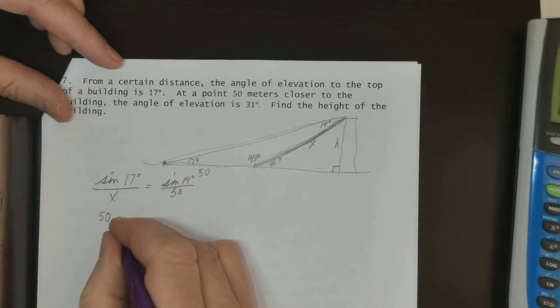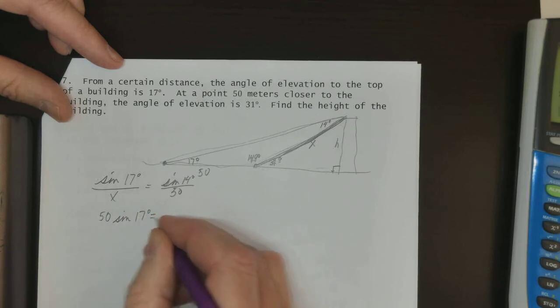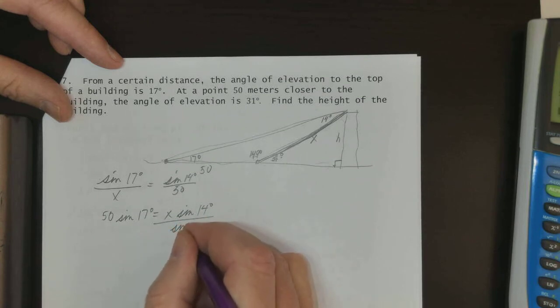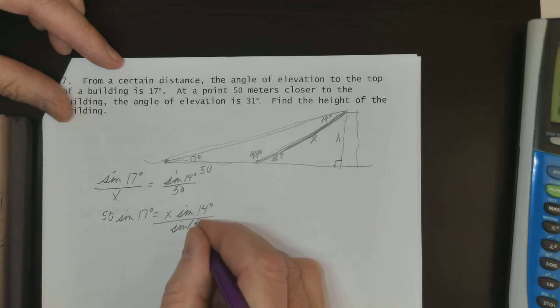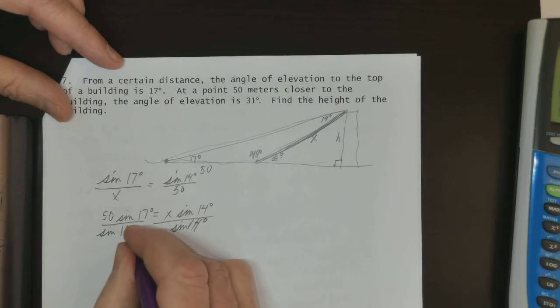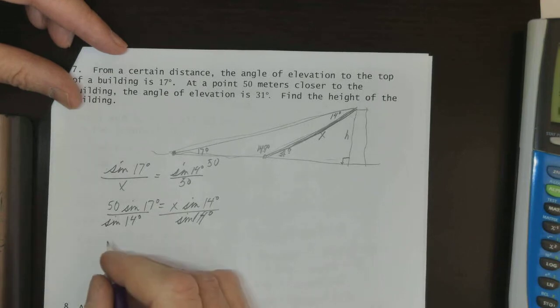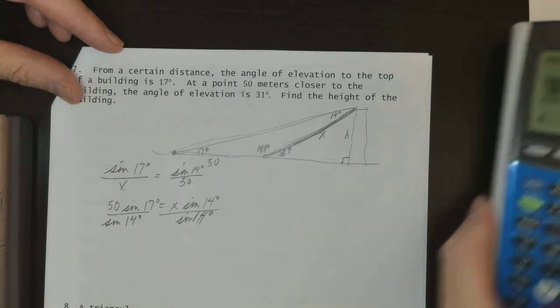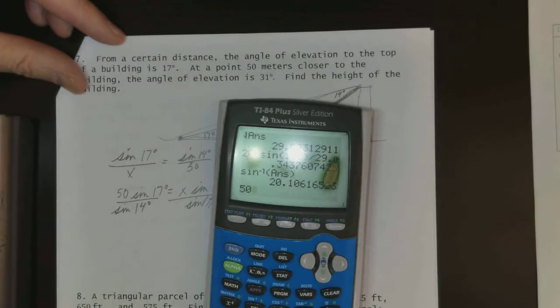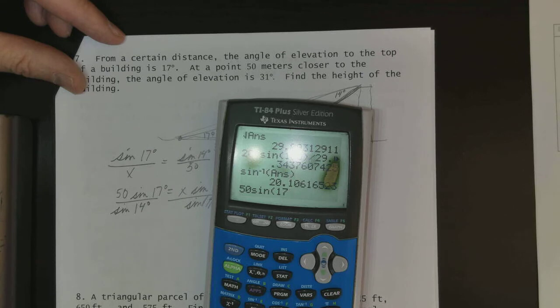So 50 times sine of 17 degrees equals x times the sine of 14 degrees. I'll divide by the sine of 14 degrees. I got 50 sine 17 divided by sine 14.